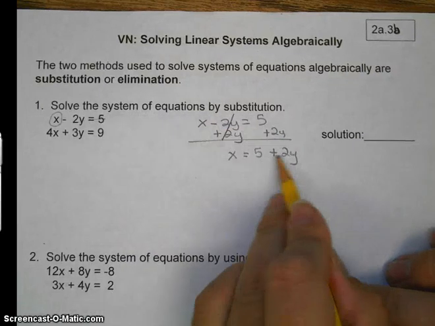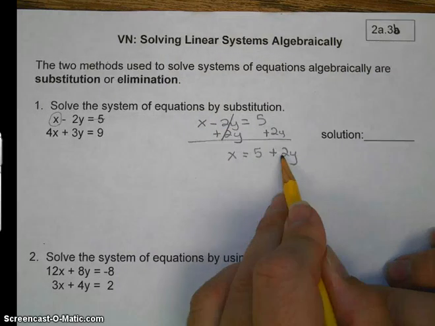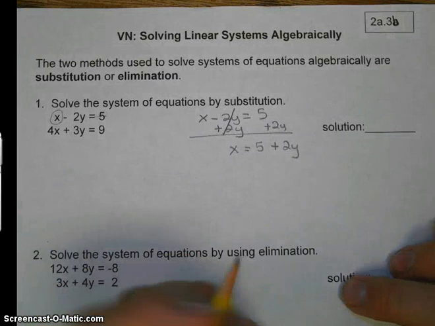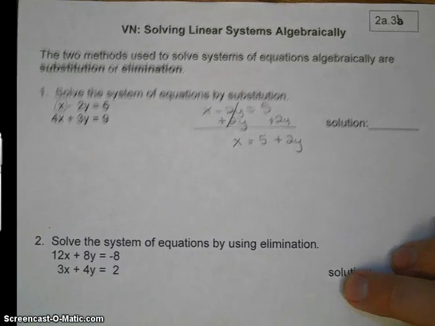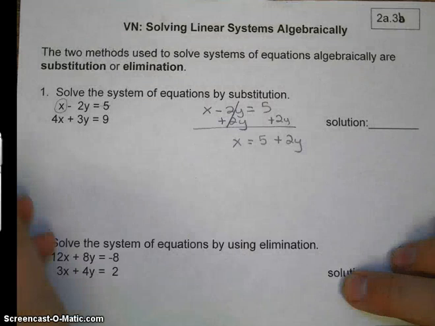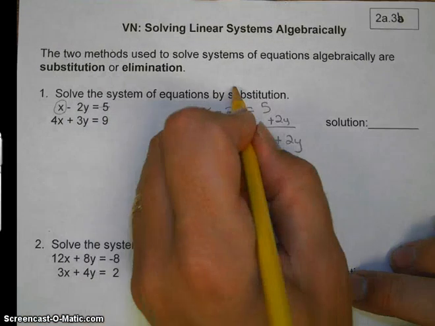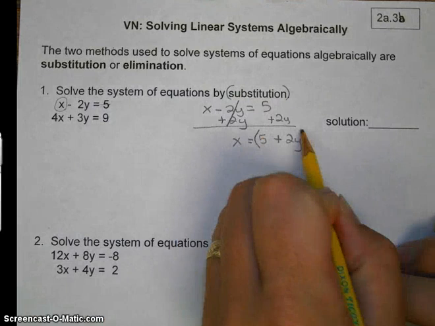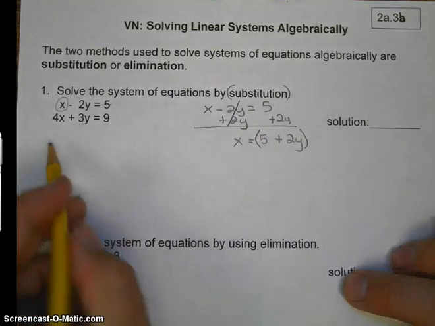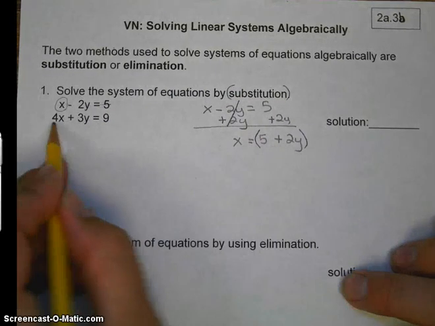Remember, you cannot combine those because they are not like terms. Now we're going to do the substitution. That's the reason why this is called the substitution method. We're going to put 5 plus 2y into the other equation for x.